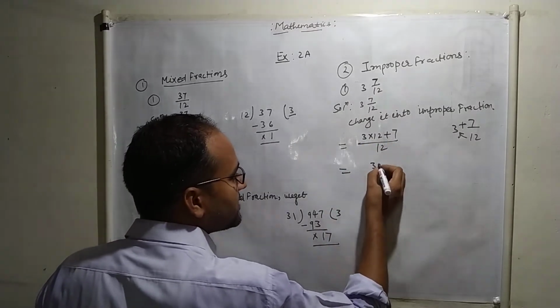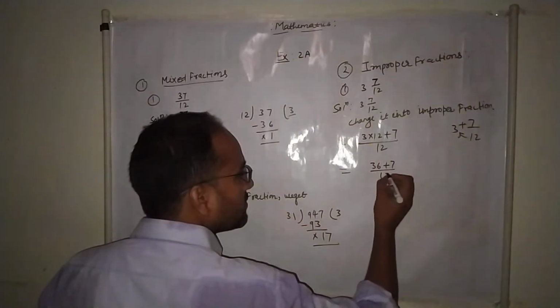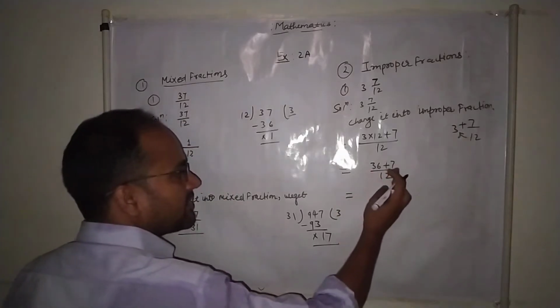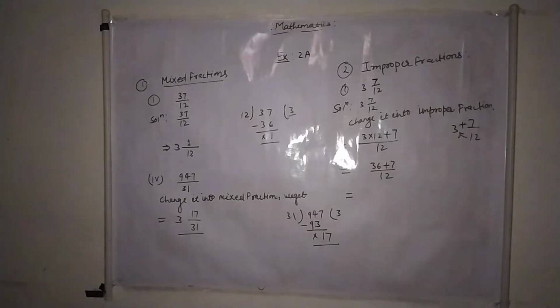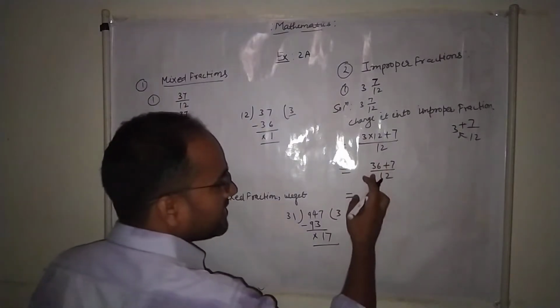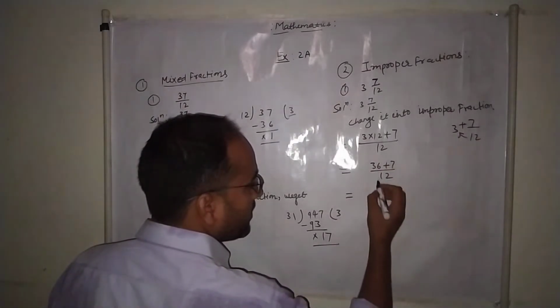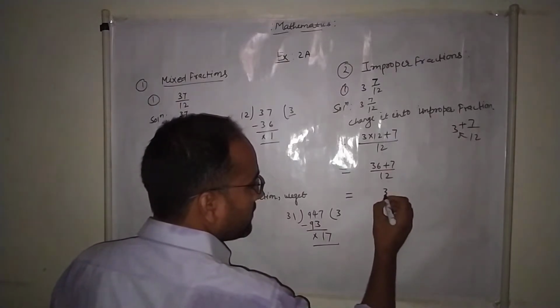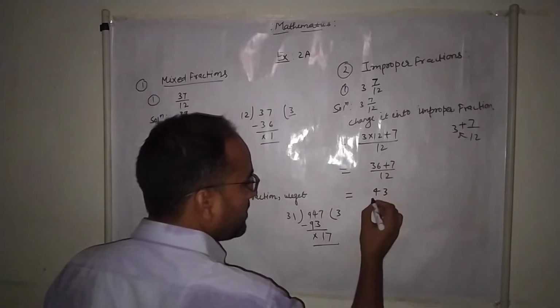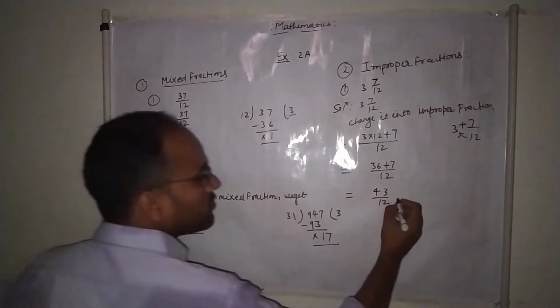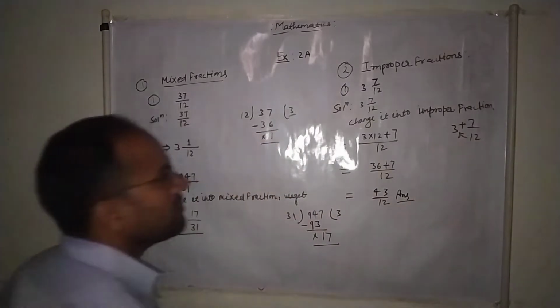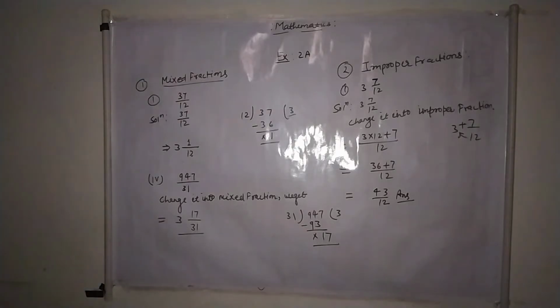So 12 3s are 36 plus 7 upon 12. 36 plus 7, 6 plus 7 is 13, 3 and 1, 43 upon 12. That one is your answer, 43 upon 12, by changing it into an improper fraction.